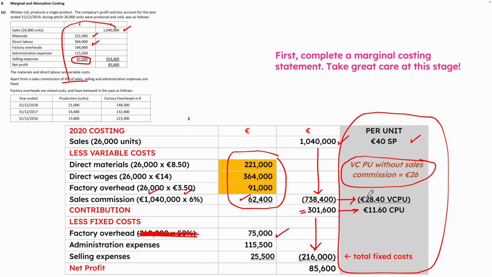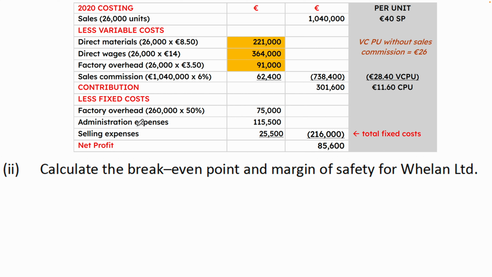So you're going to have to figure out what the new sales commission would be on a new price if that scenario came up. So you always have to work out what is the variable cost per unit without sales commission as well. And you'll see how that's going to work now. You'll see how that happens as we go through the question. So that's the marginal costing statement. Great care has to happen here, and apologies that working in that bracket is not correct, so just forget about that, working beside the factory overheads going forward, so I'll just get rid of it here.